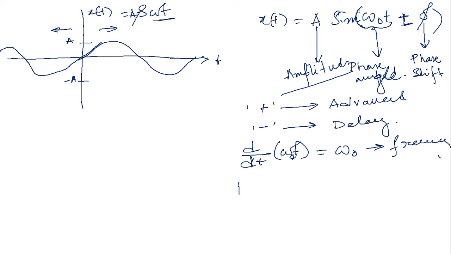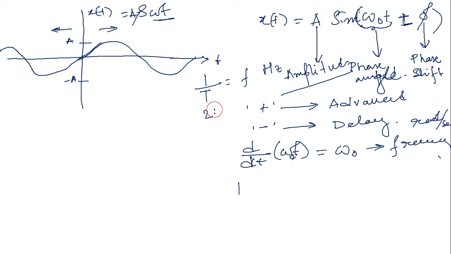I can write another expression. Omega is known as angular frequency, with unit radian per second. The unit of frequency is the hertz, that is 1 by T, and omega is 2 pi by capital T. If I directly take 1 by T, that is f, the unit is hertz.